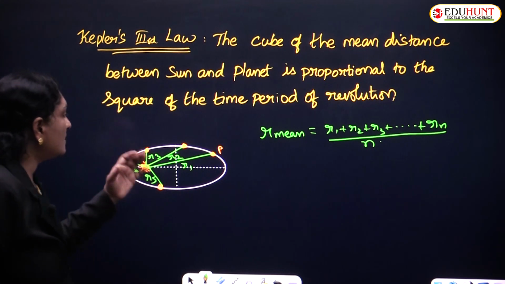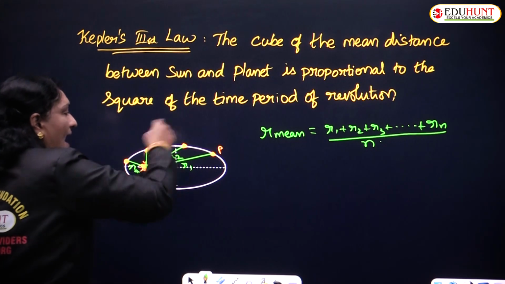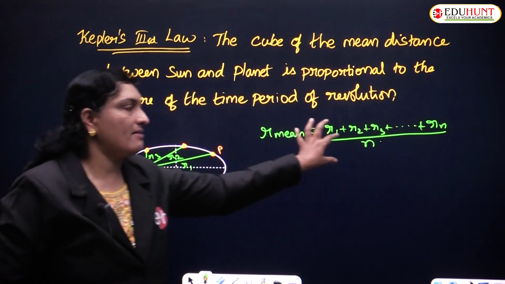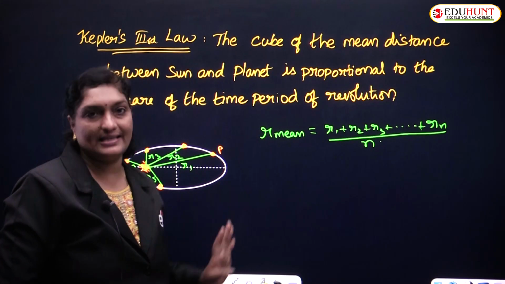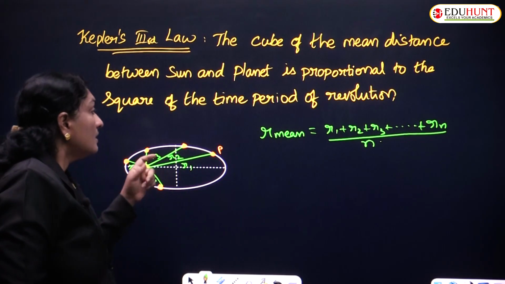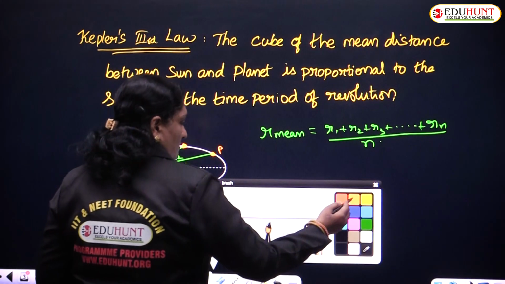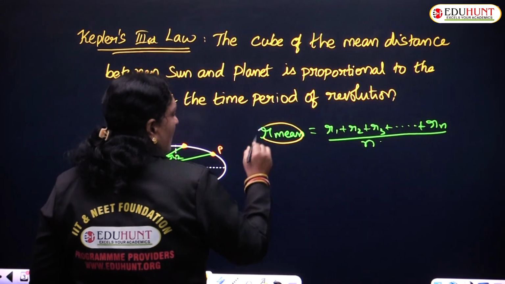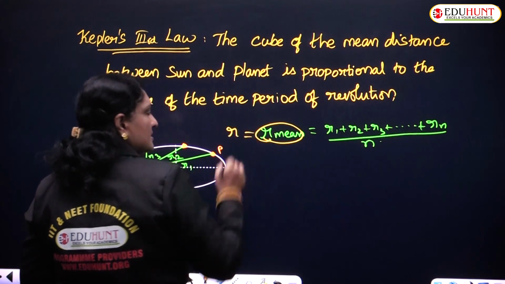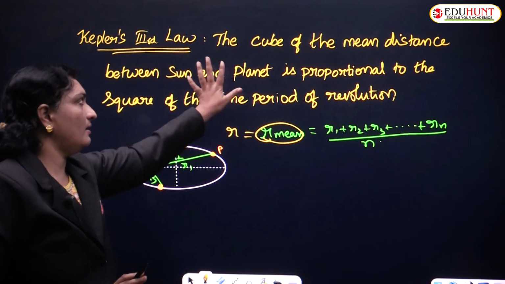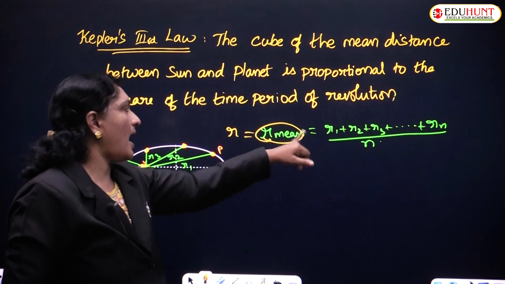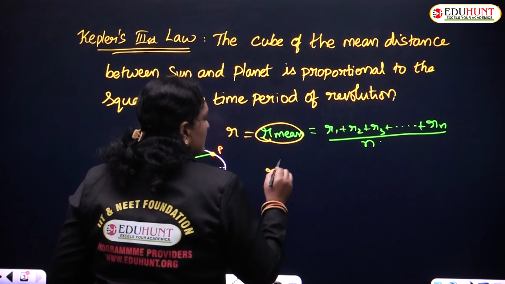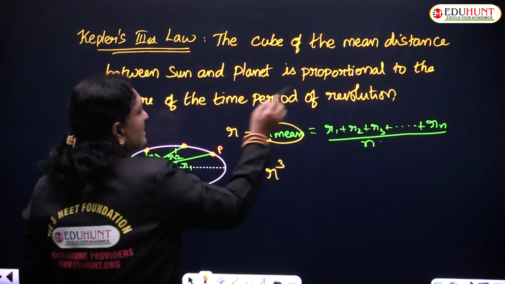So what this says is, if you take the average of all the distances between the sun and the planet, this average of all distances is called the mean distance. So instead of r mean, let me consider it as r only, because only one value we are taking. The cube of the mean distance means r cube between sun and planet.